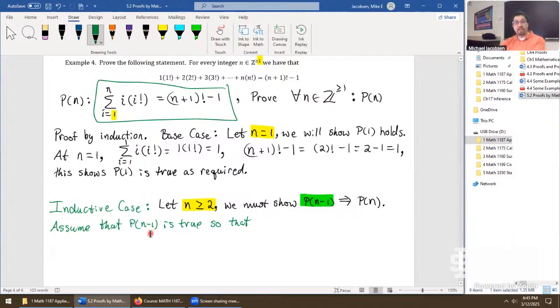When we say Pn minus 1 is true, keep in mind the formula itself is indexed by n. So we're doing an adjustment here and an adjustment here as well. So we'll have summation I goes from 1 to n minus 1. Same structure, I times I factorial equals, now over here, it's n minus 1 plus 1, so just n factorial minus 1.